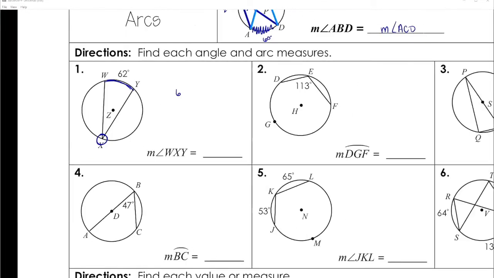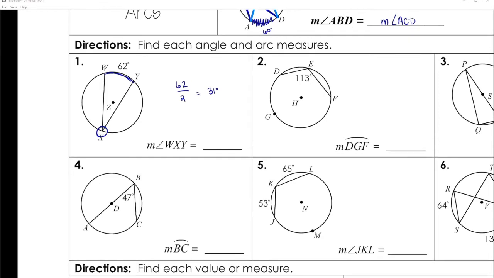So we go 62 divided by 2, and our angle has to be 31 degrees. So if they're giving us the arc, we're going to divide it by 2.